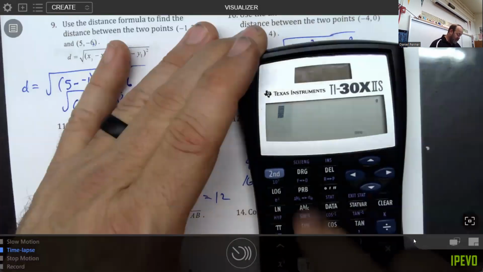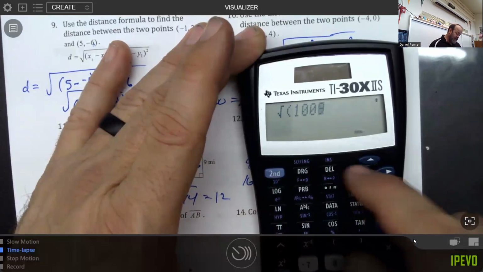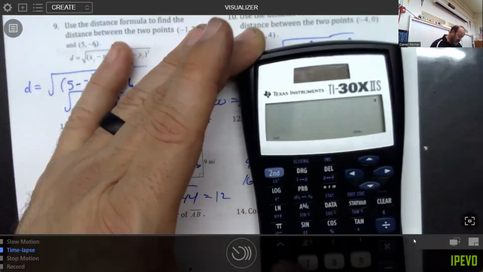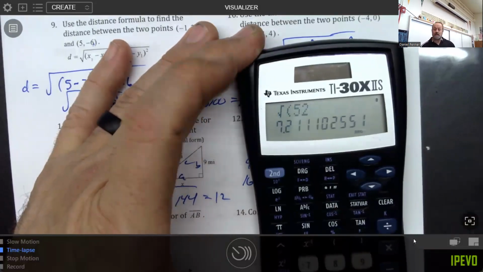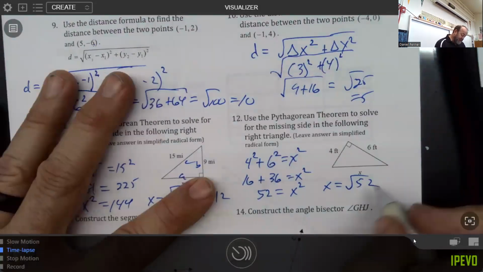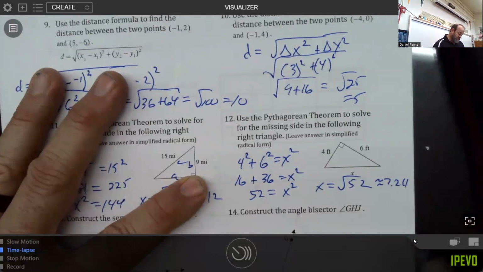When we had the square root of 100, we got an easy answer like 10. But in this case, when I take the square root of 52, I get some crazy looking decimal, 7.211, which is fine. But really in math, we usually don't like this answer, that 7.211.